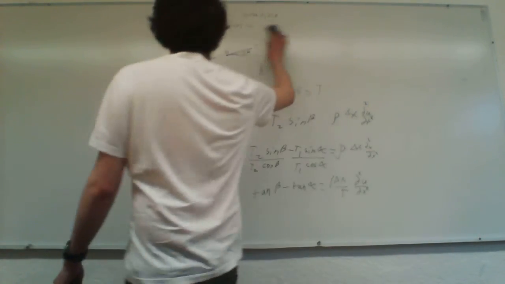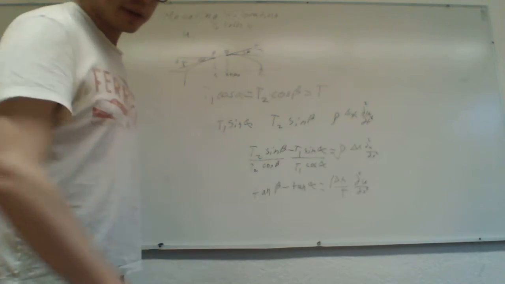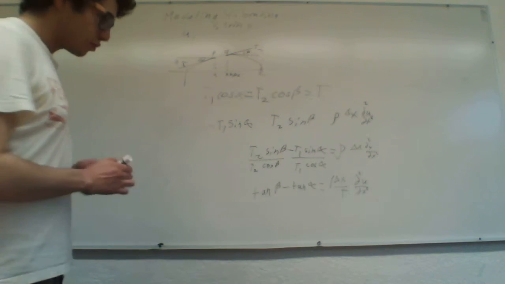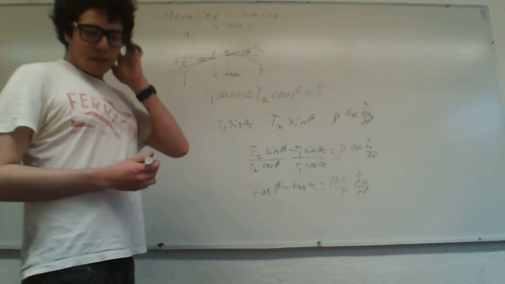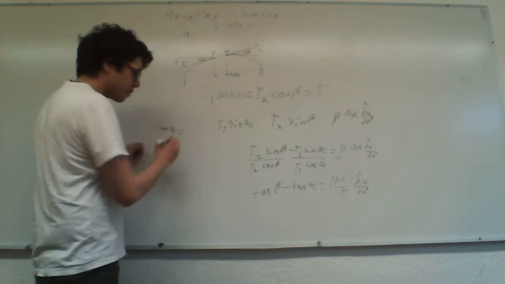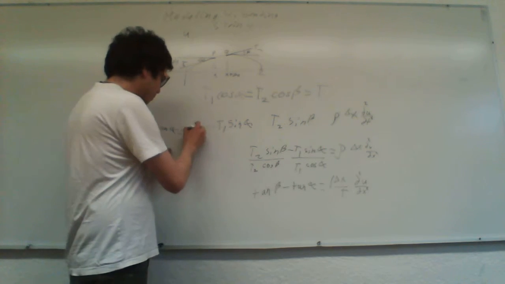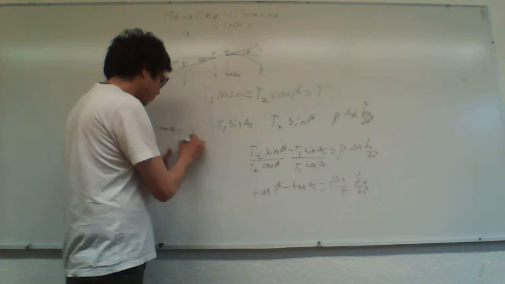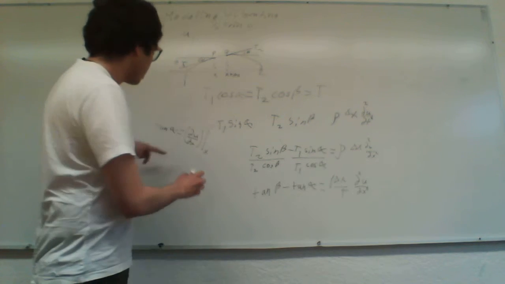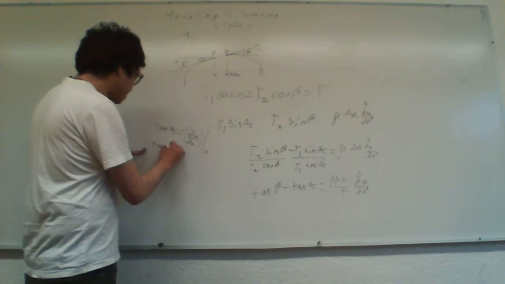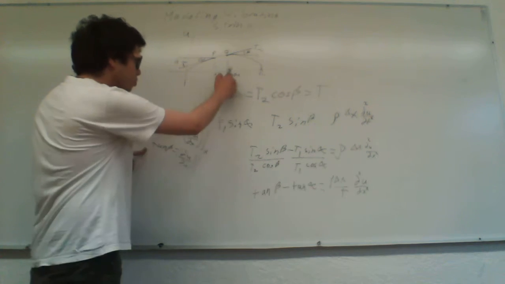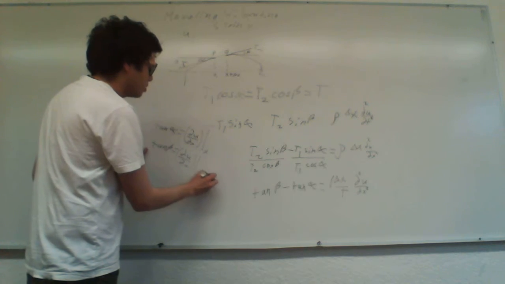Let me erase. The tangent of alpha is equal to the first derivative of u with respect to x at this point, and the tangent of beta is equal to this one, but at x plus delta x.